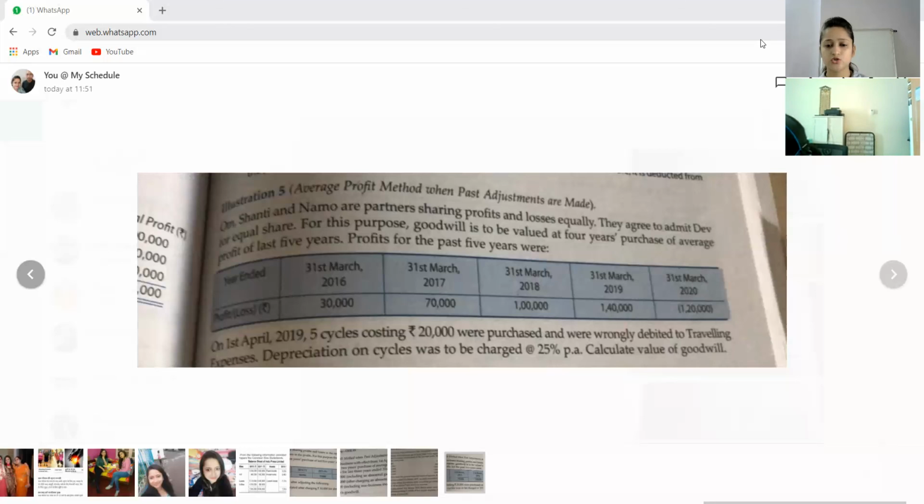Correct. So what will be our goodwill? From 1,80,000, 1,88,000.